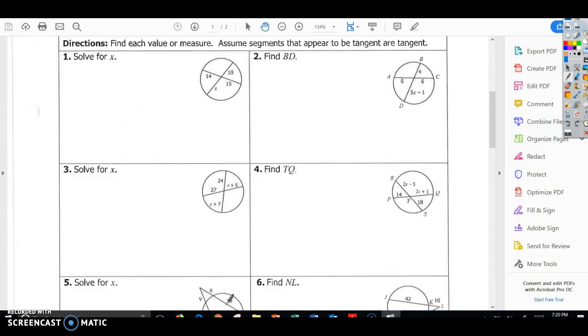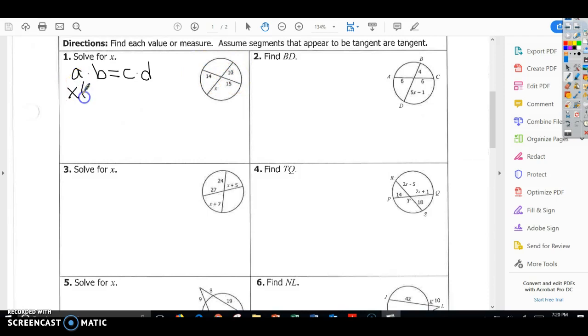Alright, so for number 1, all of your numbers are inside. So if you look back at the top of the notes, you're going to see that the formula you need to use is A times B equals C times D. That just means you've got this side times this side equals this times this. So it's not too bad.